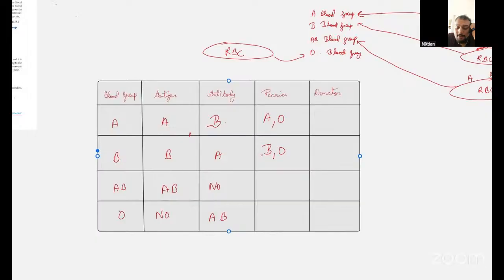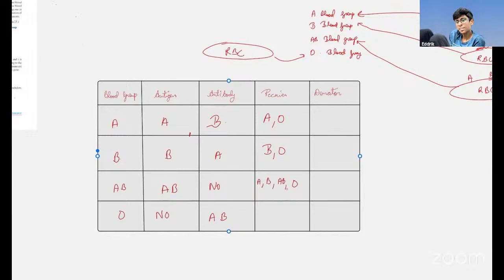If a person has AB blood group, he can receive from everybody, like A, B, AB, and O, because he has no antibody. But it can't donate to anybody else.